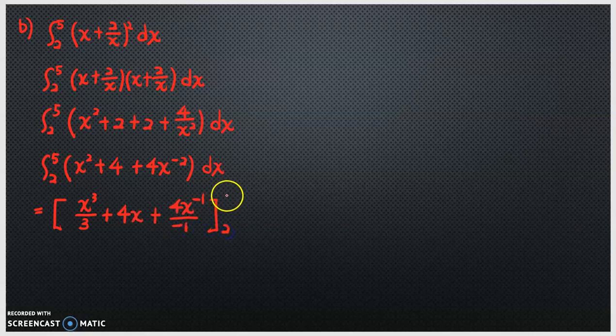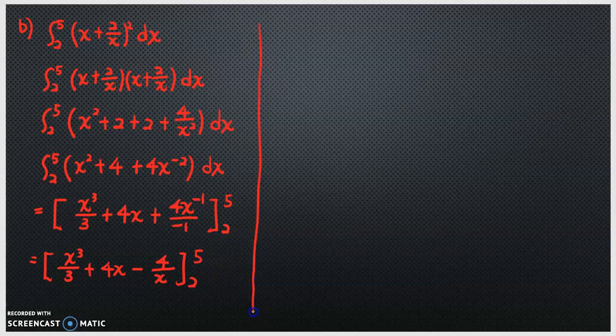From 2 to 5. I can simplify this part: x cubed over 3 plus 4x, positive and negative, so here will become negative 4. Since we have a negative index, it will become 4 over x, from 2 to 5.